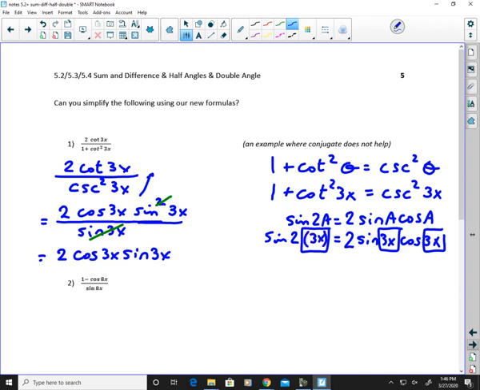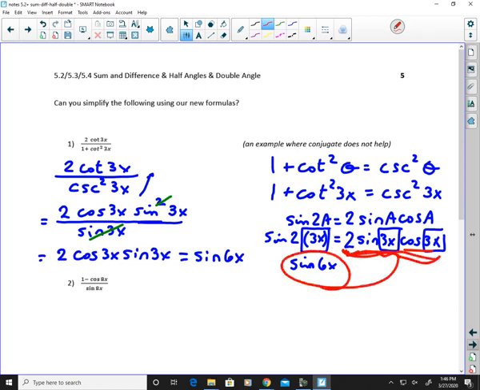And so this is sine of 6x. So this whole thing would be sine of 6x. All these pieces, the 2, the sine with the angle, the cosine with the angle, all combine together to make a sine of 6x.